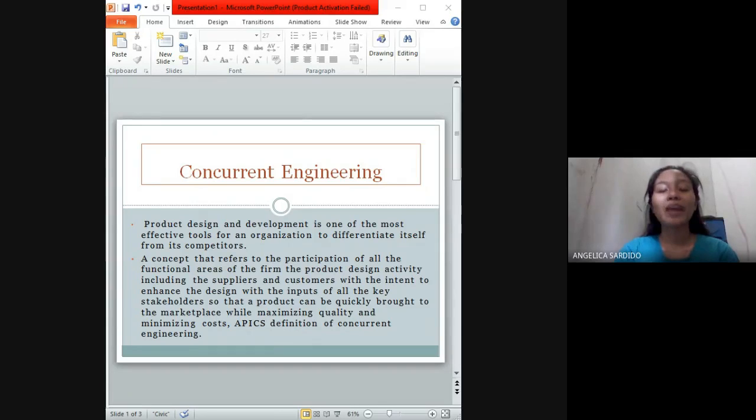First is concurrent engineering. Product design and development is one of the most effective tools for an organization to differentiate itself from its competitors. Concurrent engineering is also known as simultaneous engineering.